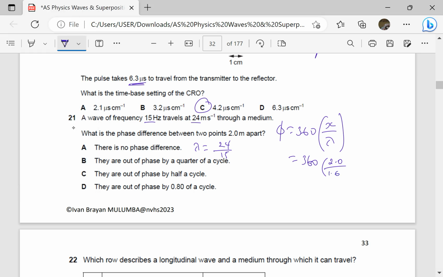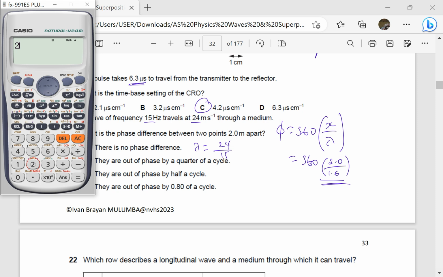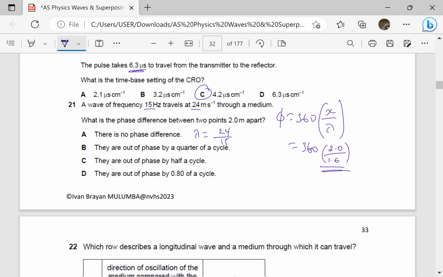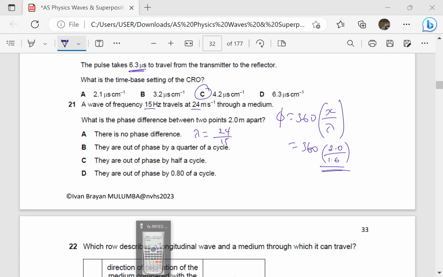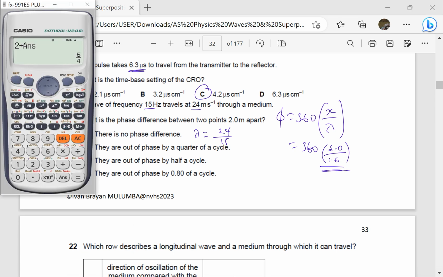So this is 1.6. Because they didn't give an angle, but rather gave it in terms of a cycle, we shall only consider the fraction here. So we have 2 divided by 1.6, which is 1.25 cycles, so that is 5 over 4.